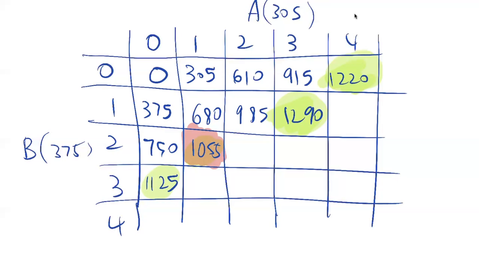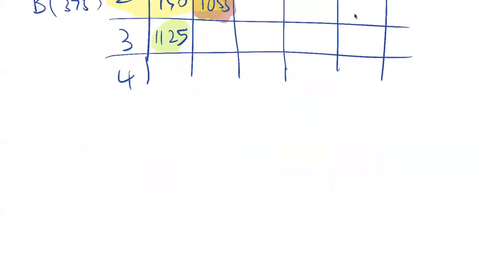So the solution we've got, if we follow that column through, is 1 Airbus and 2 Boeings, and so we can state 1 Airbus, 2 Boeings.